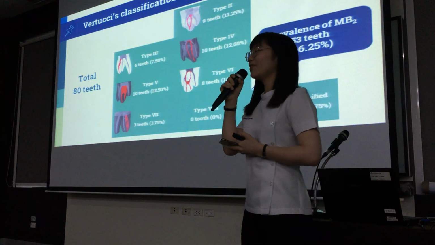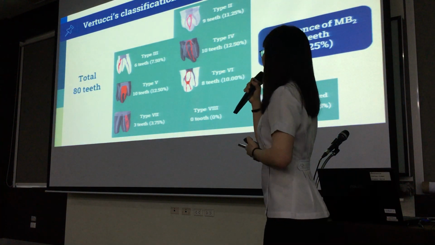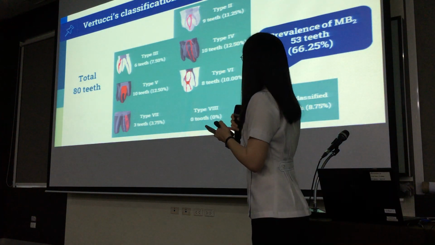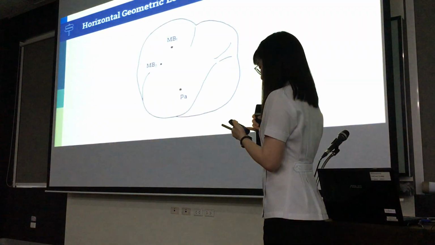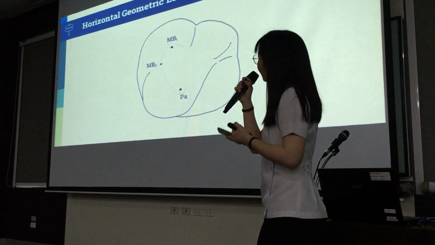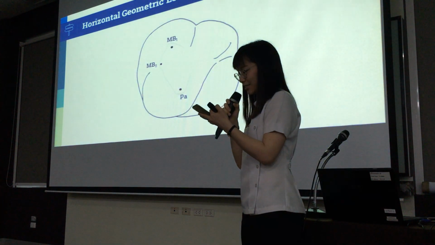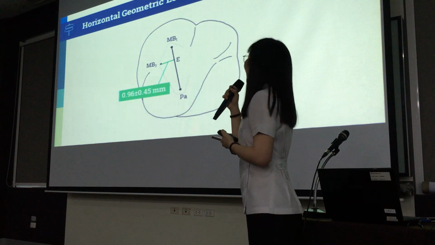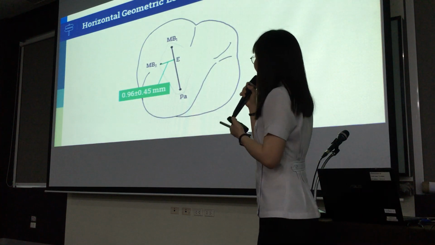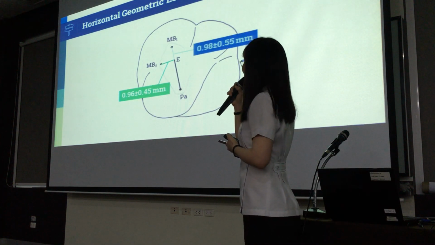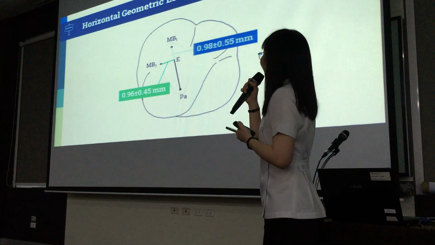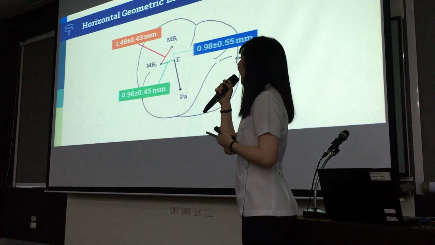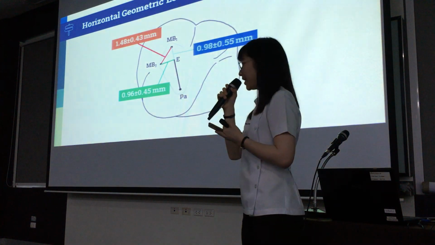So, the prevalence of the MB2 root canal in Thai population was found at 66.25%. For the horizontal geometric location, the MB2 orifice was found 0.96 mm mesially and 0.98 mm palatally to the MB1 orifice, and the distance between the MB1 and MB2 orifices was 1.48 mm.